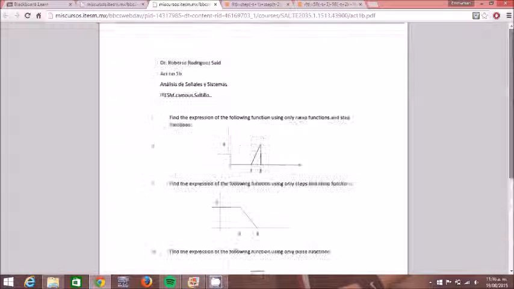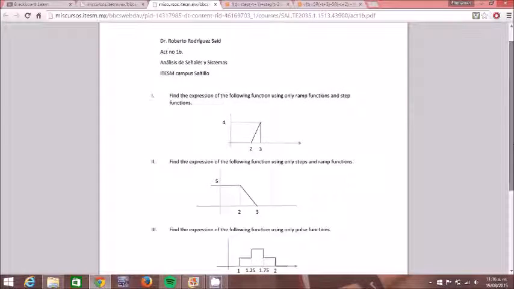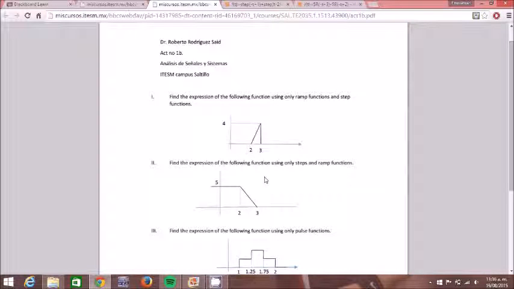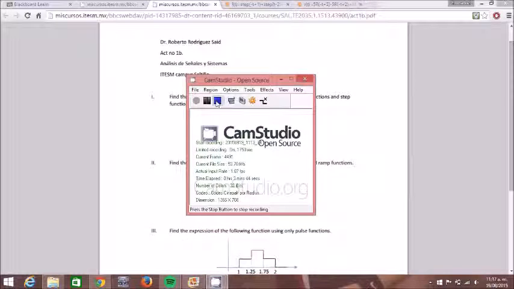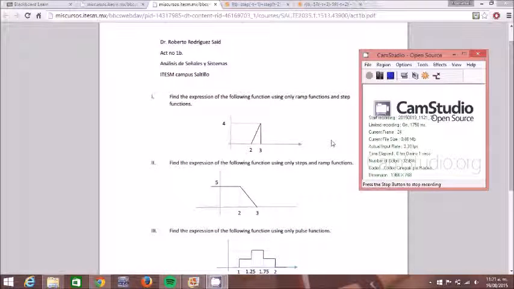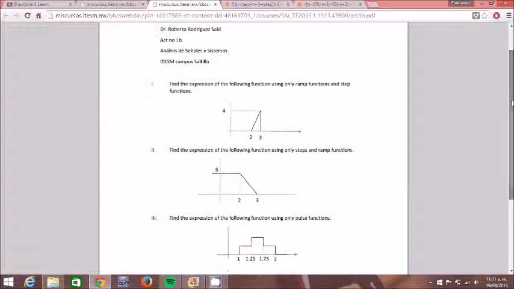In the next problem, we have to find the expression of this graphic using only step and ramp functions. Okay. So we can start our next problem.